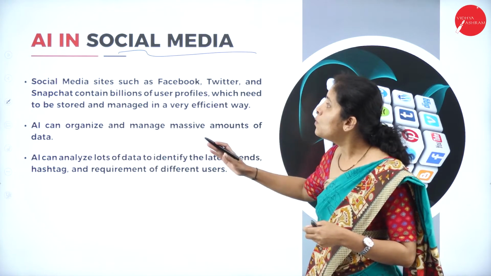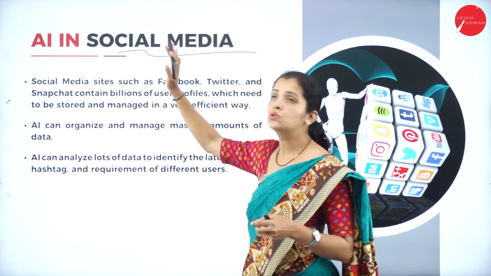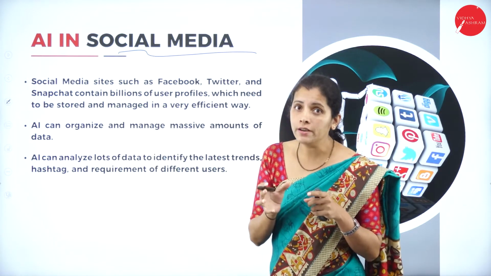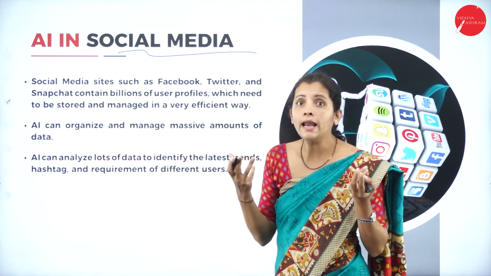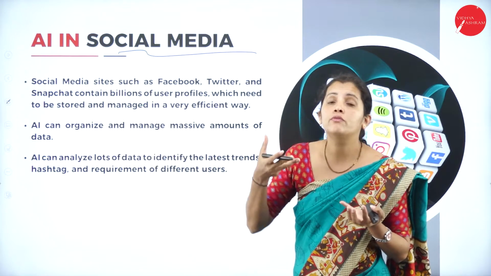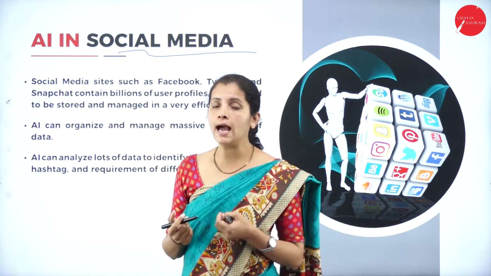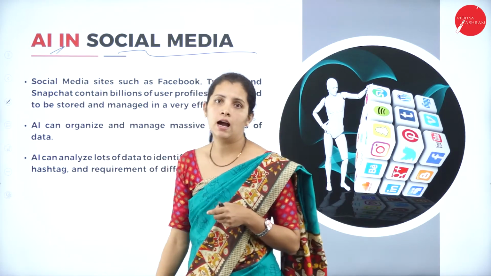So now tell me why I require AI in social media. I want to provide security for my asset. Along with that, I want to manage a massive amount of data. To manage a massive amount of data as well as to provide security, I'm going to use AI.